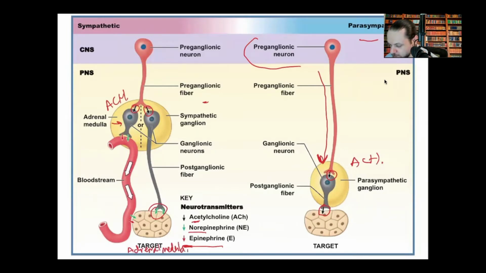So finally, you have a secretion of norepinephrine there. To recap: parasympathetic, preganglionic acetylcholine, postganglionic acetylcholine. Sympathetic, preganglionic acetylcholine, and postganglionic will be epinephrine or norepinephrine, depending on the target site. All right, hopefully that's clear.